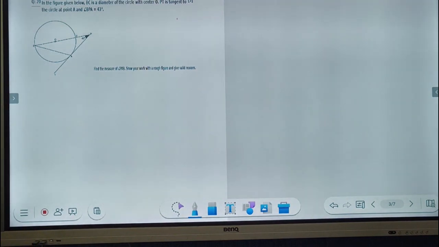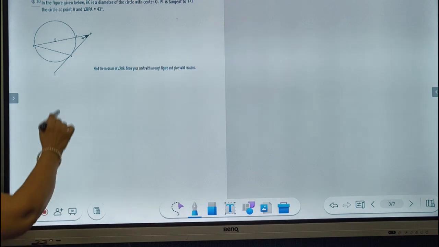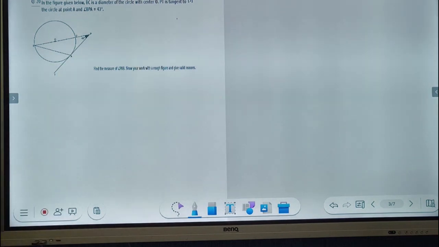Now look at this, another problem. In the figure given below, BC is a diameter of a circle with center O. PT is a tangent to the circle at the point A, and angle BPA is 43 degrees. This is 43 degrees. You have to find the measure of angle PAB.